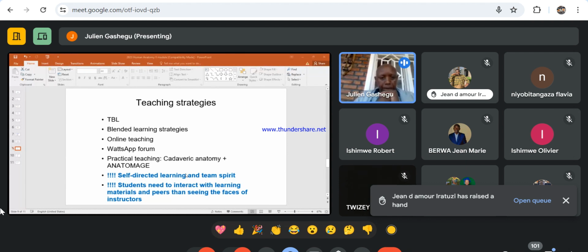So it's important that you have a self-directed learning strategy. It's you to direct the learning, not the teacher, not us instructors, we are supporting. But you also need to create a team spirit within your different teams, and also to interact with your colleagues, your classmates.